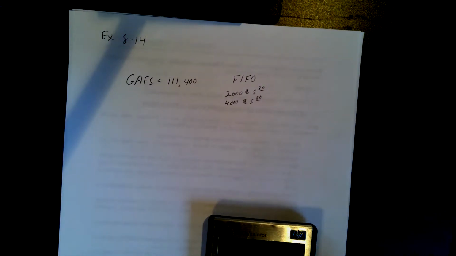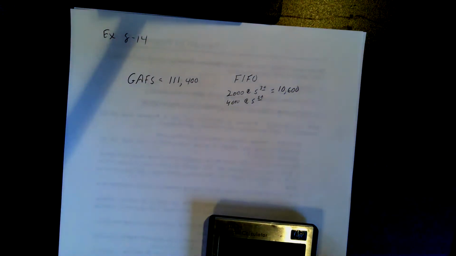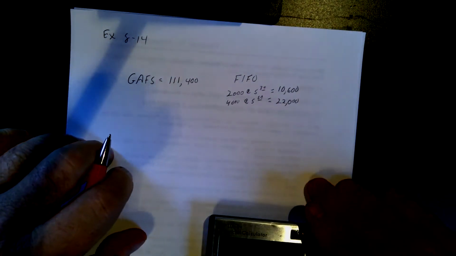And so if we multiply that out, that'll give us the 10,600, 4,000 times 5.50 is 22,000. All right, so that is the first sale.